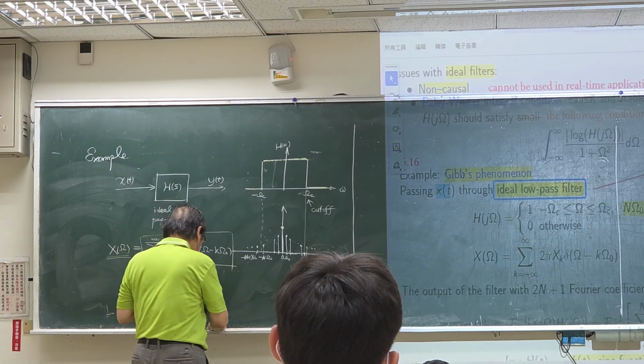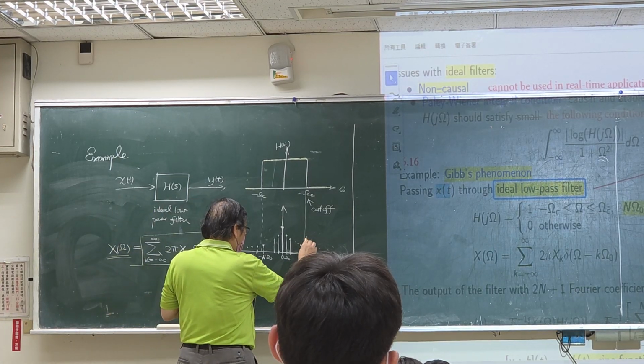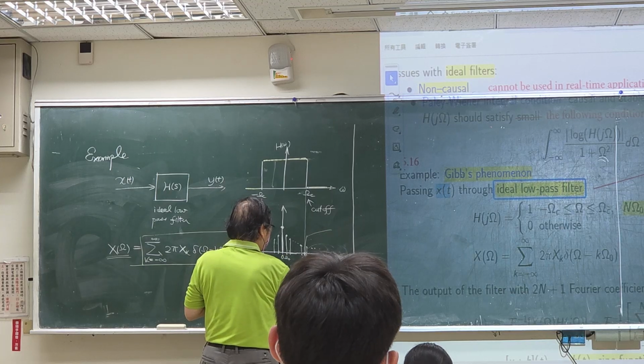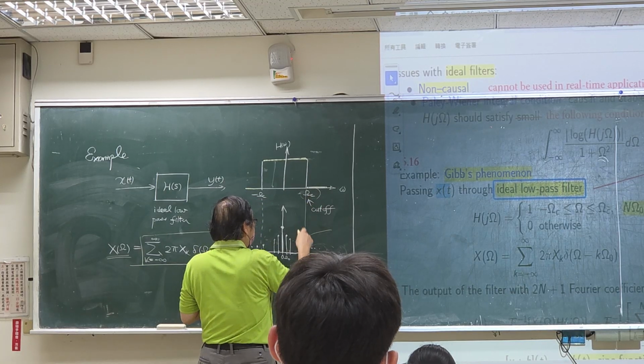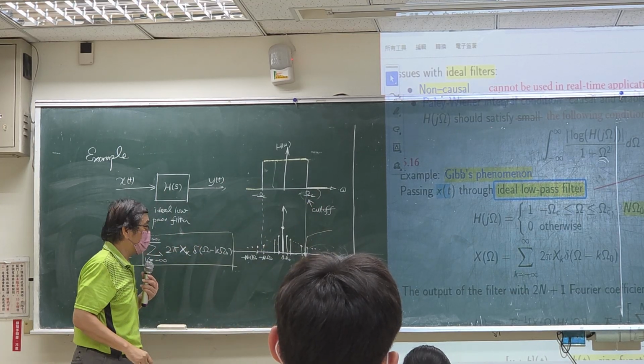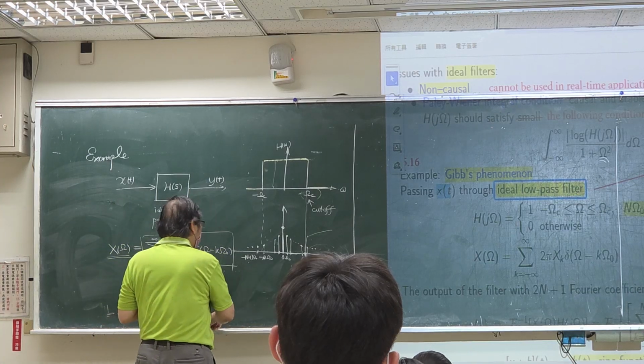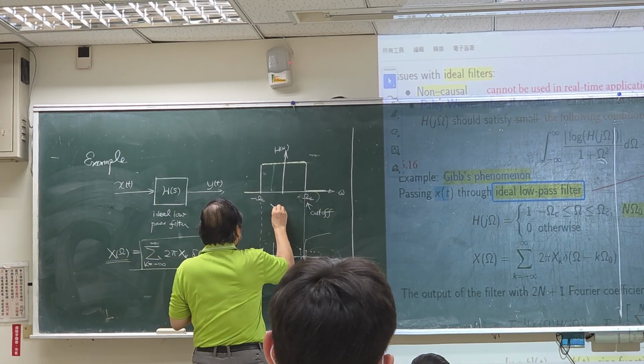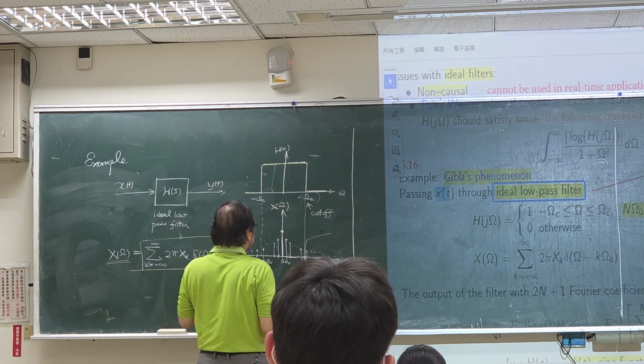So for frequencies higher than the cutoff frequency, the signal will be attenuated. So this is the X of omega, right?